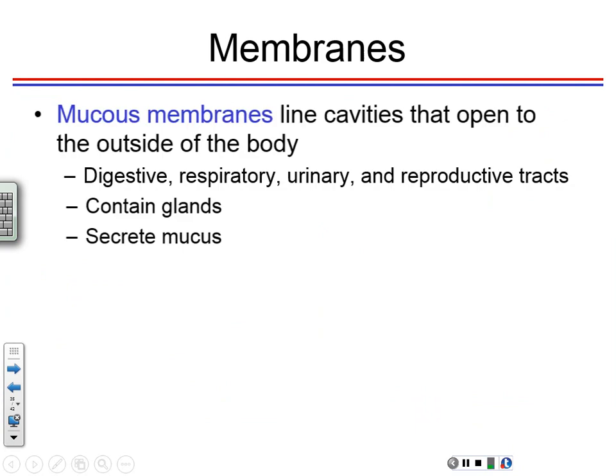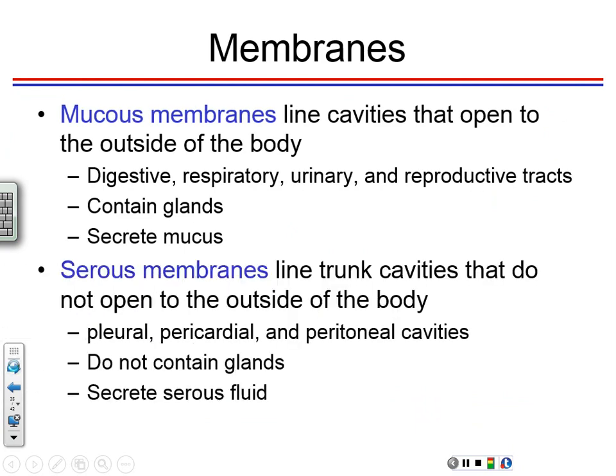All right, and then membranes, we talked about them a little bit when we were talking about body cavities, so it's not new again. I did mention the mucous membranes that line systems that are exposed to the outside, like the digestive system, the urinary system, the reproductive system as well.